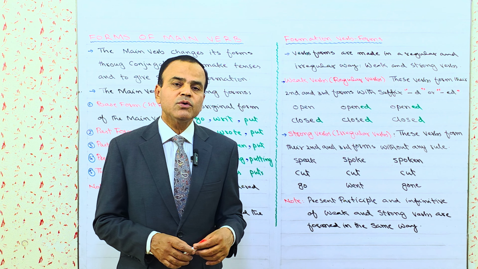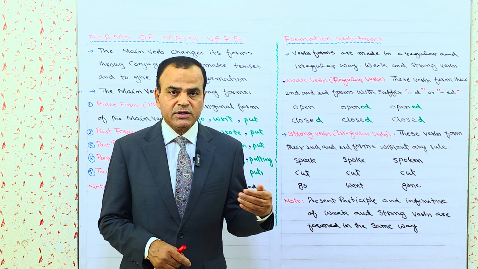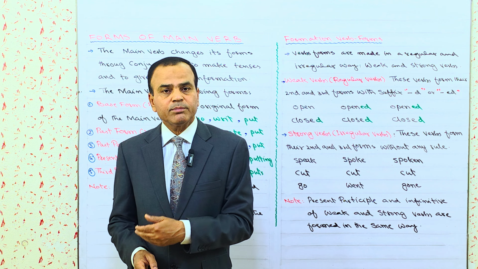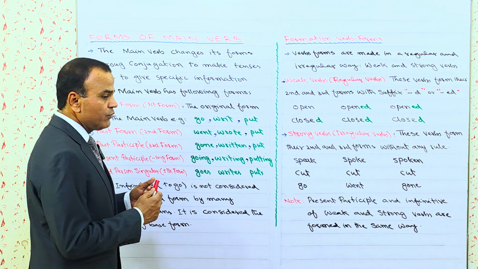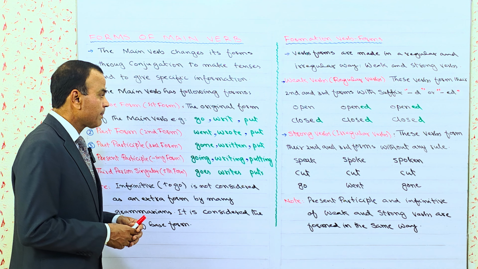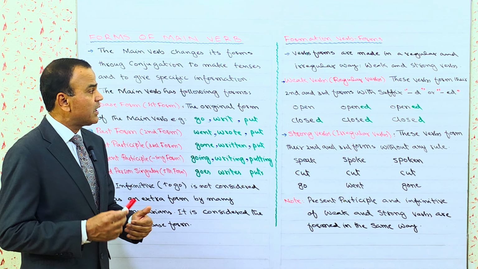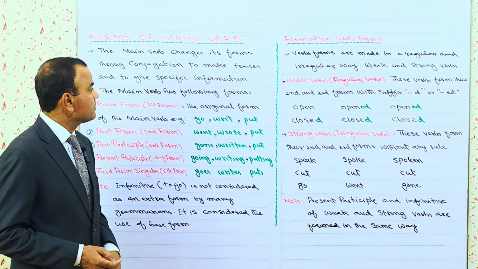And we already know that in English we have different subjects like first person, second person, third person, noun, singular, plural. So we conjugate the main verb with these subjects, in simple words we match the main verb with the subject.